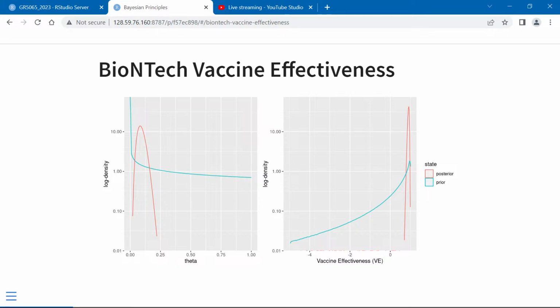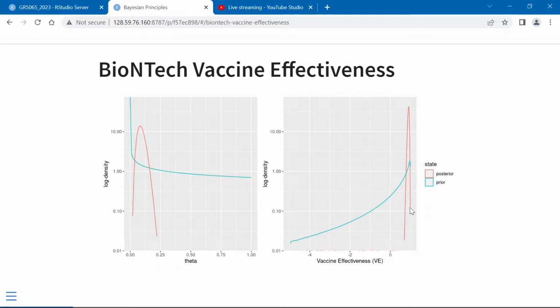Nevertheless, once you condition on the data, the posterior distribution of theta gets updated to this, and the posterior distribution of the vaccine effectiveness gets updated to that.